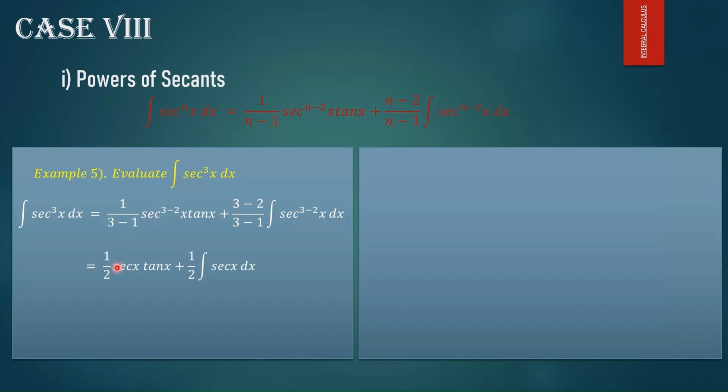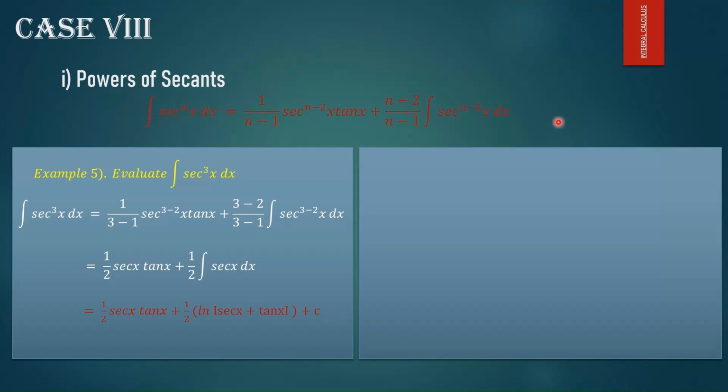And if we simplify, we get 1/2 secant x tan x plus 1/2 the integral of secant x. And we know that the integral of secant x is just ln of secant x plus tan x. So, the integral of this given is 1/2 secant x tan x plus 1/2 ln of secant x plus tan x plus c.